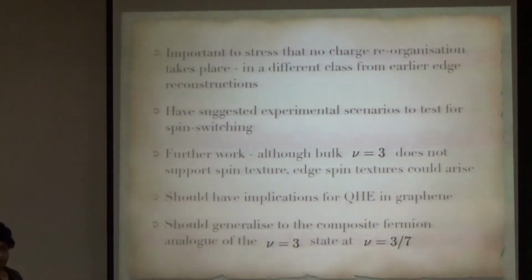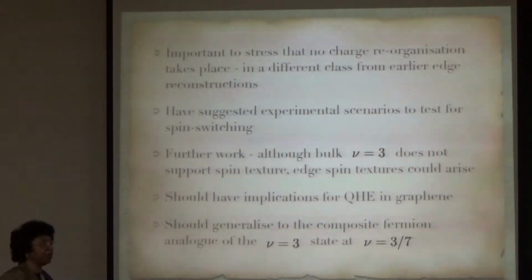And another thing we have not done is look at the quantum Hall effect in graphene, where people have looked not at this long range Coulomb, but at other short range interactions, and looked at the order of the bulk.